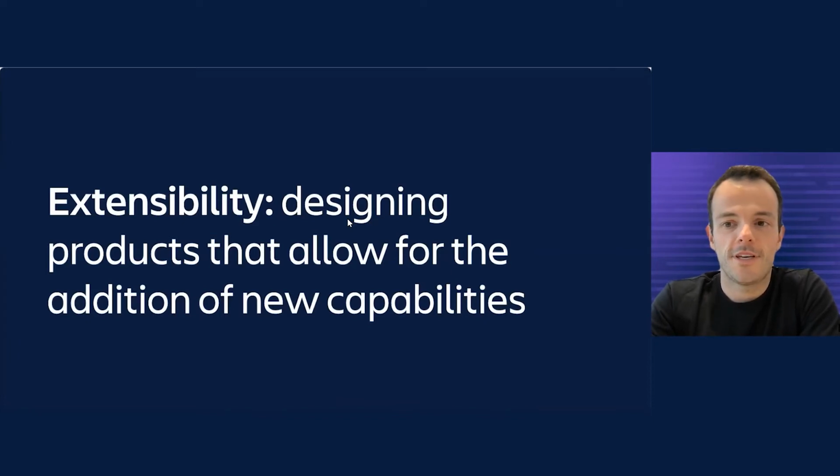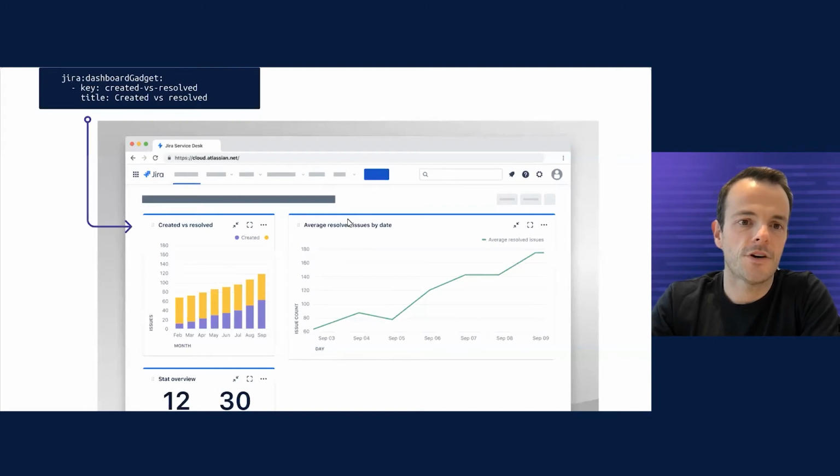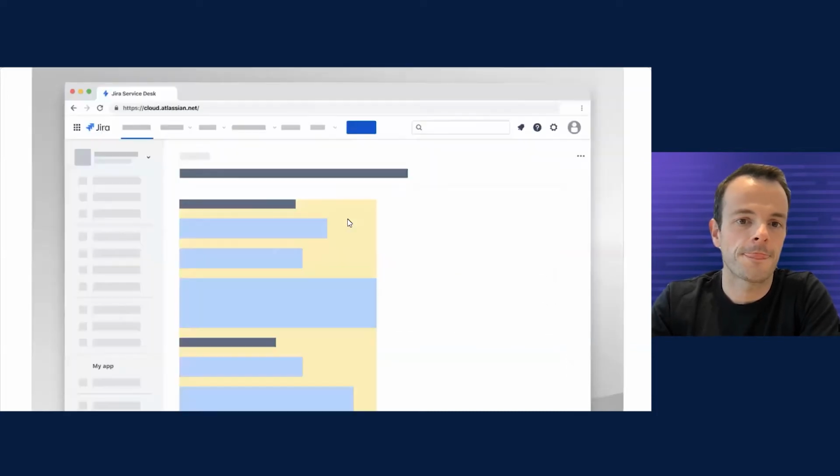Those extension points can be part of a product UI, or they can be background tasks that automate parts of a workflow, or really anything that affects the user journey in an Atlassian product. So, a simple example of that might be a widget on a dashboard that just displays some useful data to a user.